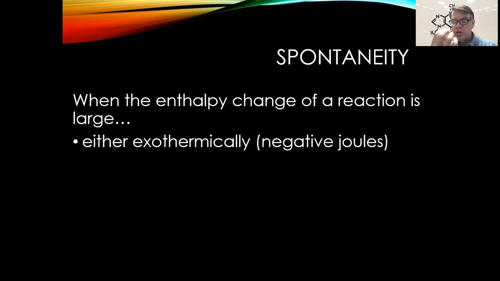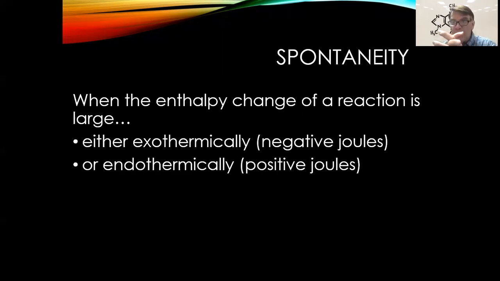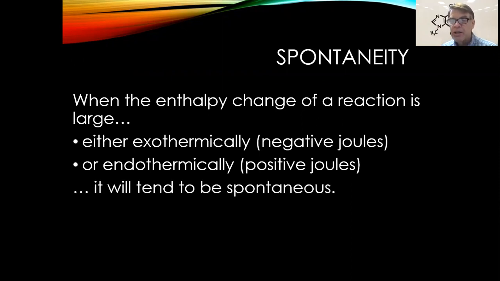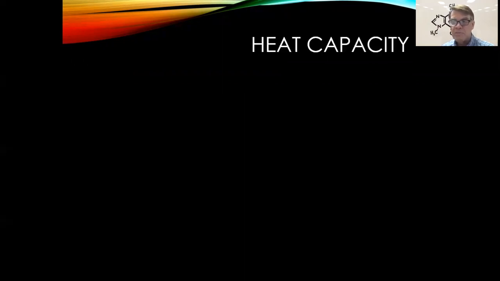So whether it's a large exothermic reaction or maybe a large endothermic reaction, endo, where joules are brought into the subject, and it's a positive change of heat for the subject, when the enthalpy change of a reaction is large, then it will tend to be a spontaneous reaction. You're not going to have to do much coaxing to get them to dance together. They're going to dance.